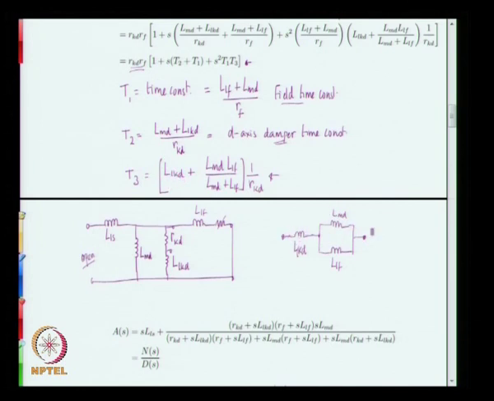So this is the total inductance that is seen, and L by R is divided by RKD. It is important to note that this can be derived by considering the stator side to be open and looking at the equivalent inductance seen by the damper resistance.